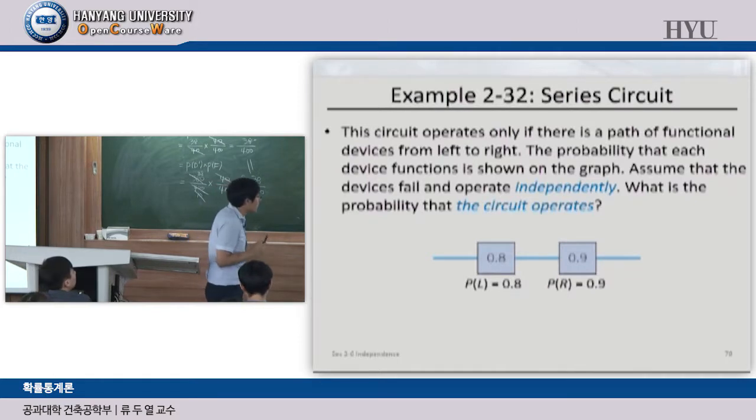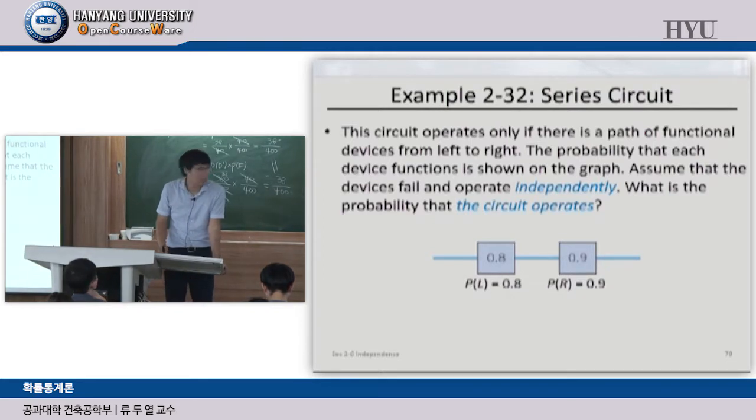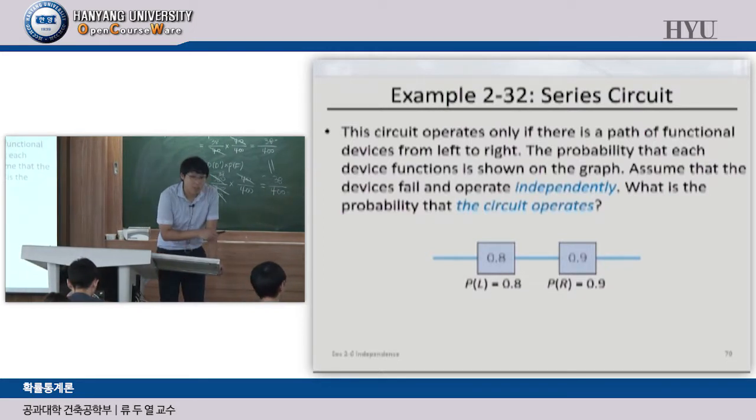So this is another example to explain the independence. This is example 2-32. For the series circuit, this circuit, which is called 회로판 in Korean, operates only if there is a path of functional devices from left to right. The probability that each device functions is shown on the graph here.